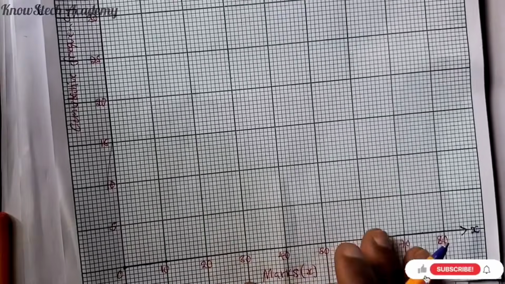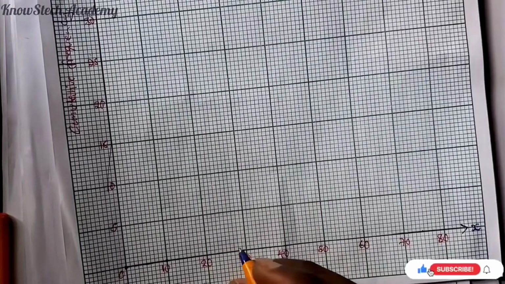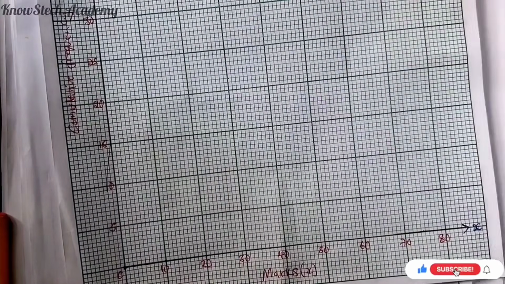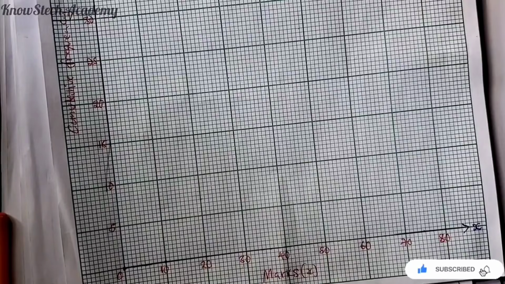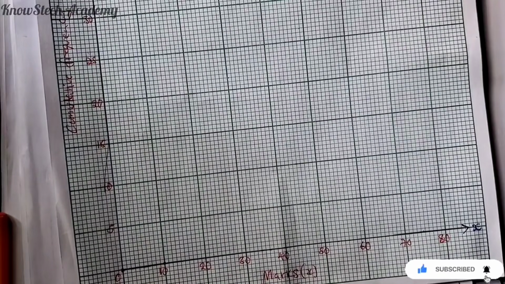Then what is 3? Let me explain using this paper.